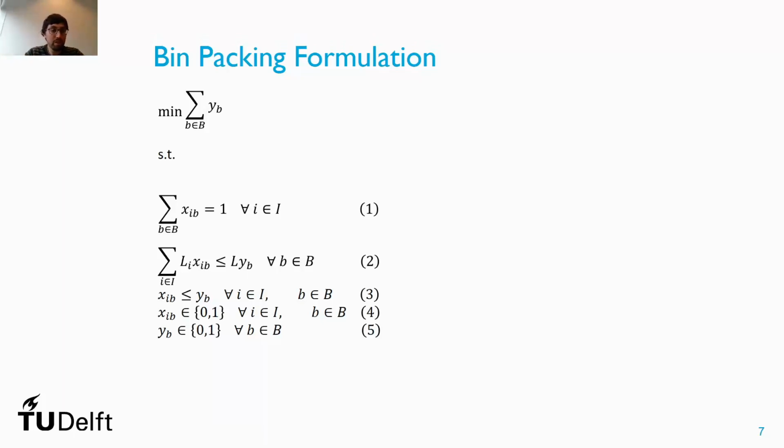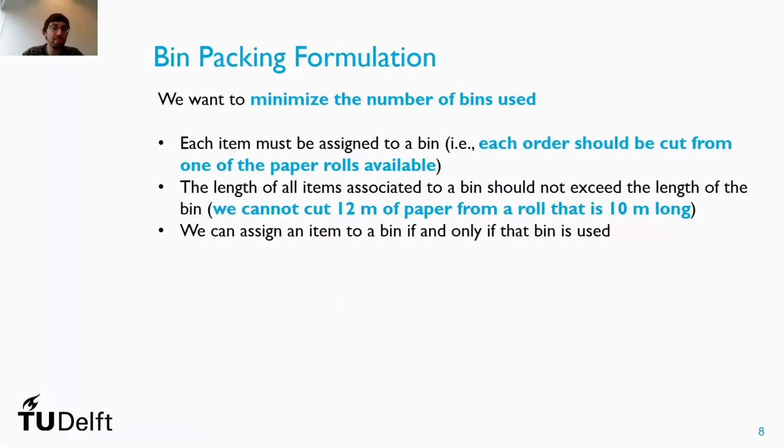The third constraint is somehow related to the second one. It says that an item can be assigned to a roll if and only if that roll is being used in the first place. And then constraints 4 and 5 define the nature of our decision variables. And this is just a recap of what the problem entails.